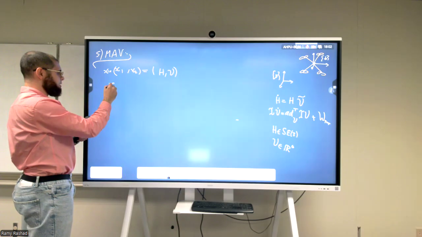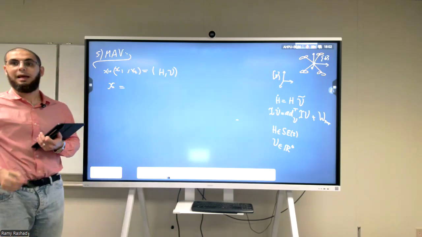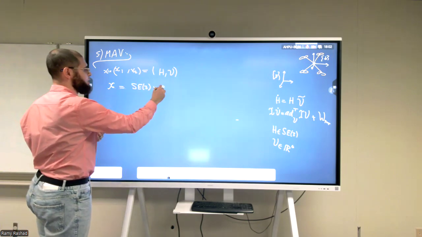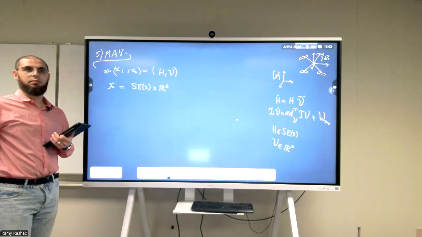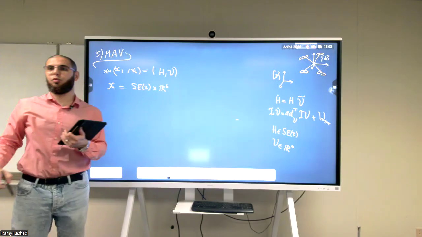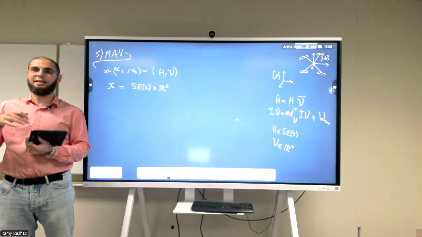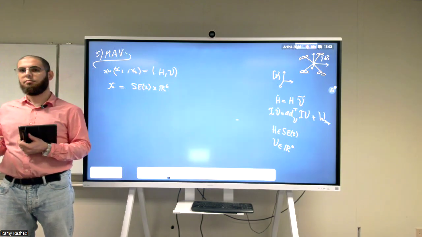What's the state space? SE3 cross R6. That's actually correct. Can we say that SE3 is isomorphic to R6? Can you find 6 numbers that represent SE3? Yes, you can.